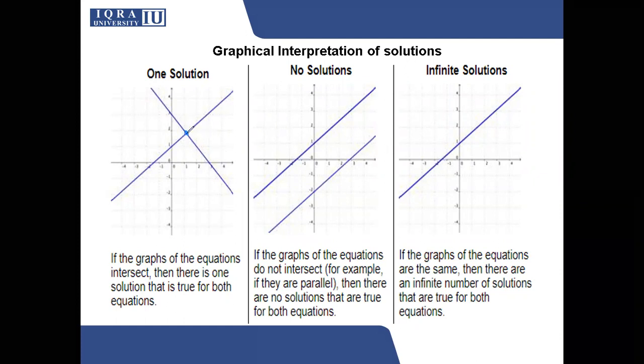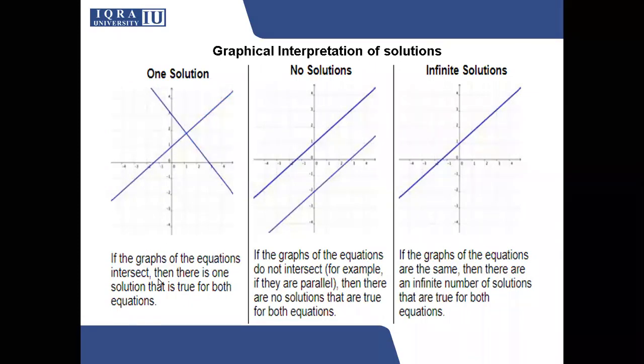This point of intersection is the point where the values of x and y are common to both equations, right? This is, for example, 1 comma 2. So this point is common to this line as well as this line, right? So this is what we are looking for in one unique solution.